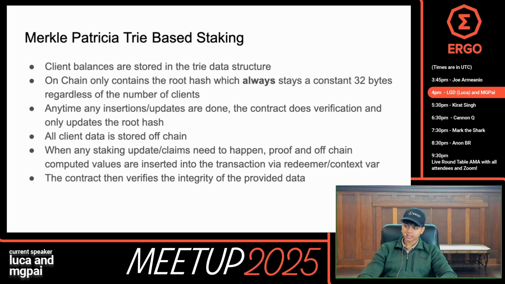So the question is, how can you recover if the data is just all hashes? Because hashes are non-reversible. That's a great question. Off-chain, obviously, it doesn't store just the hashes. Whenever you actually interact with the transaction, you're providing the actual data, not the hash, into the transaction when you build it and submit it.